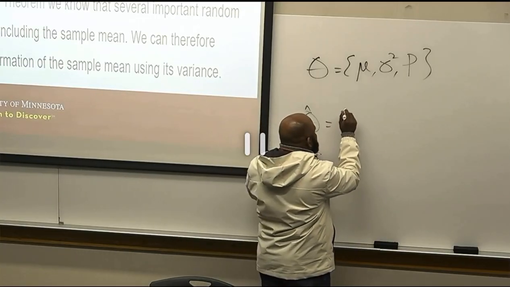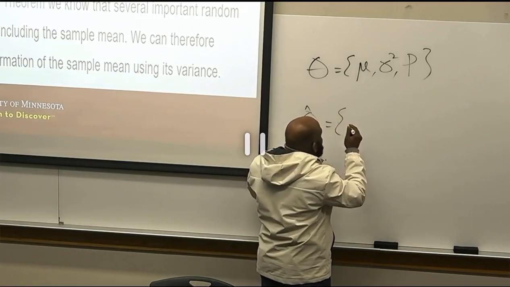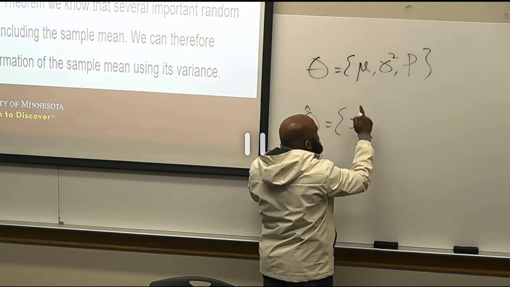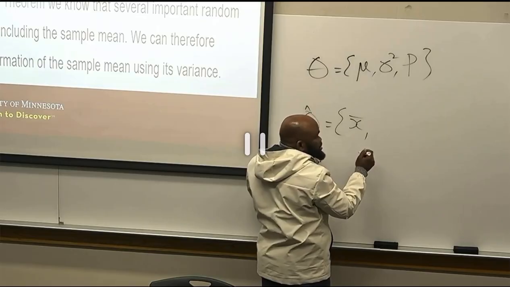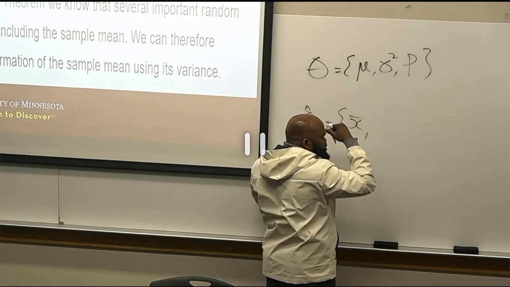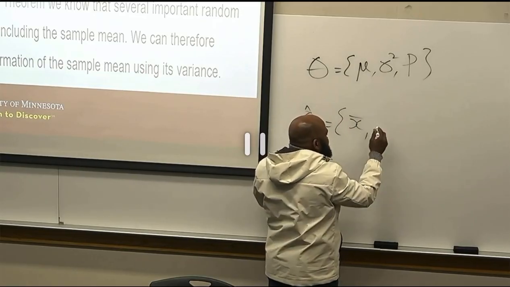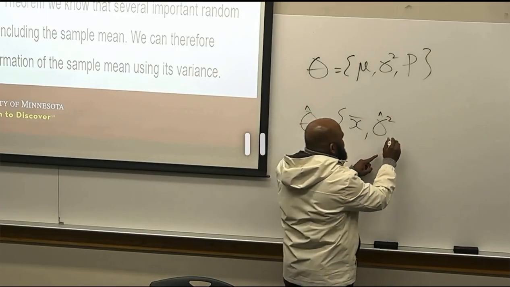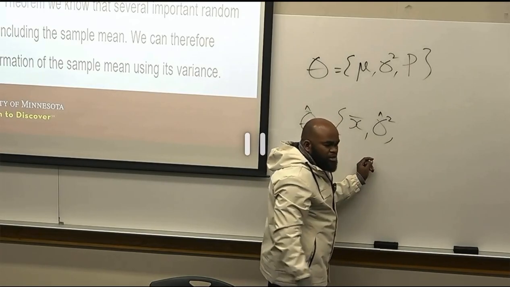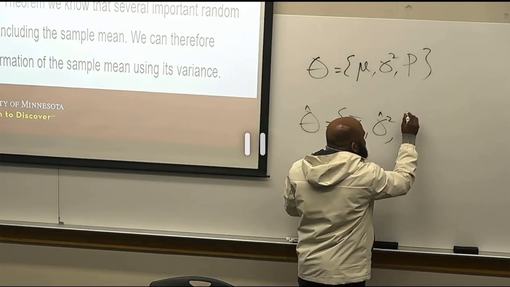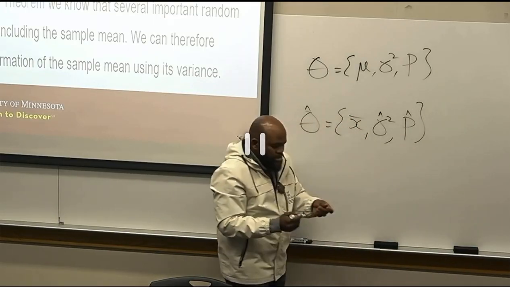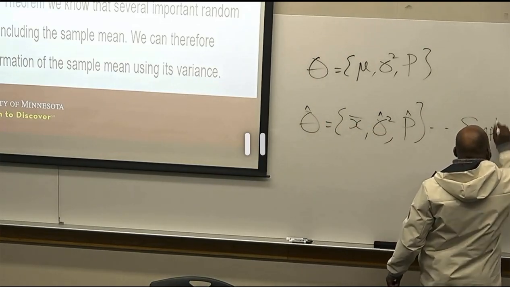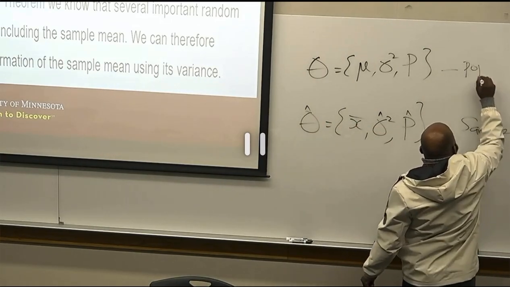Instead of the population mean, we're going to get the sample mean. Instead of the population variance, we're going to have the sample variance. Instead of the population proportion, we're going to have the estimate of that. So this came from the sample, while this is the population.